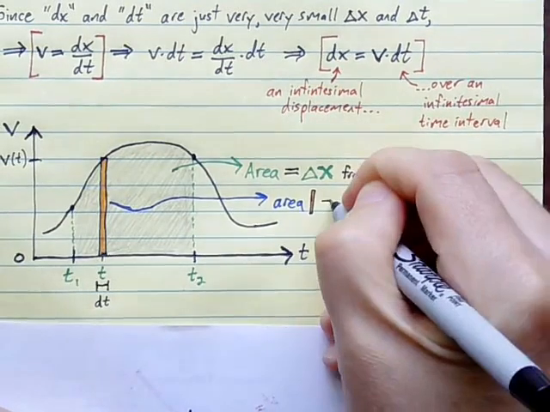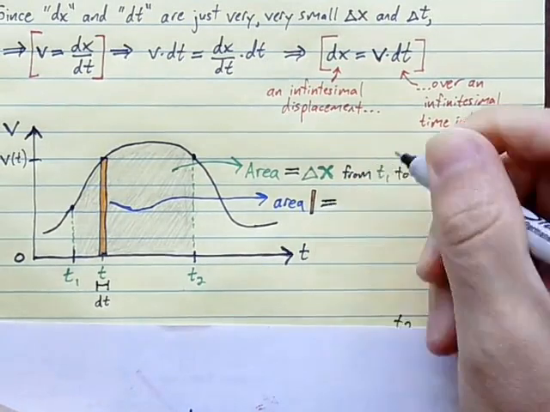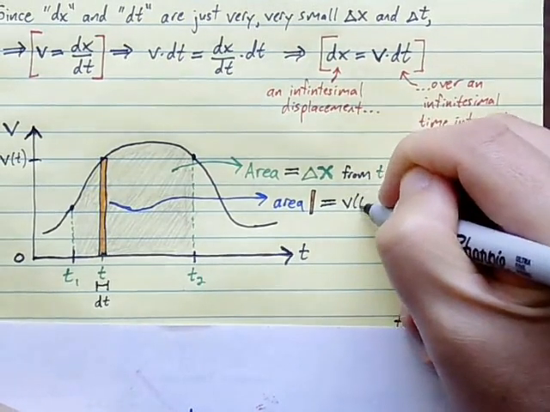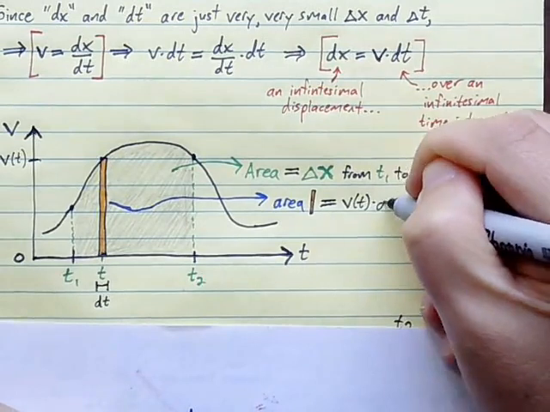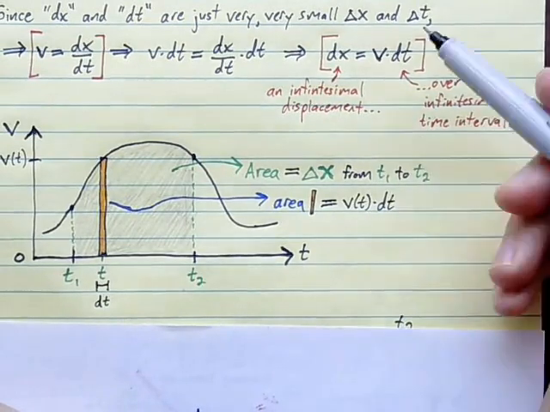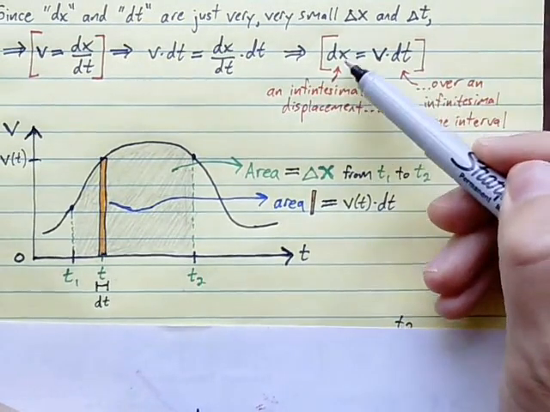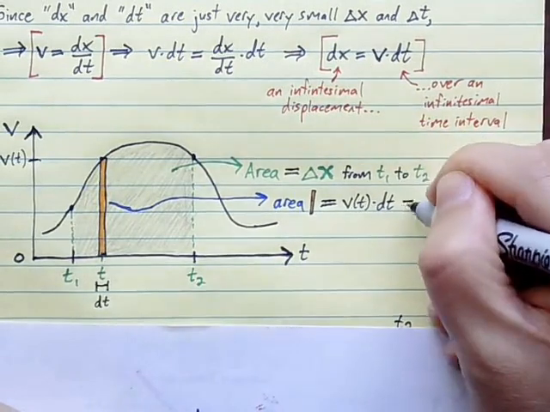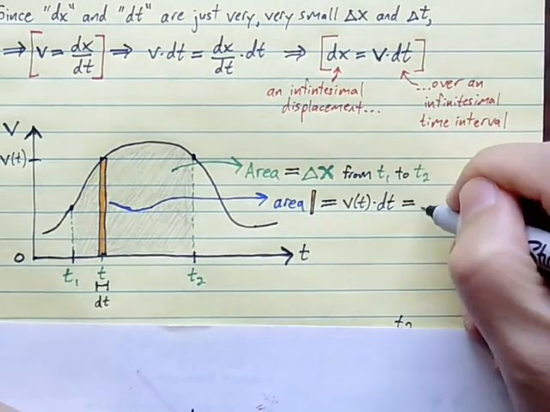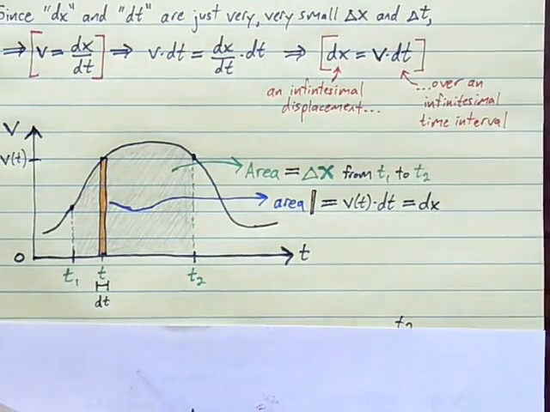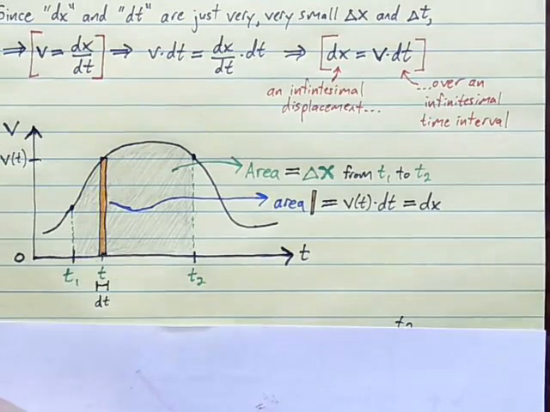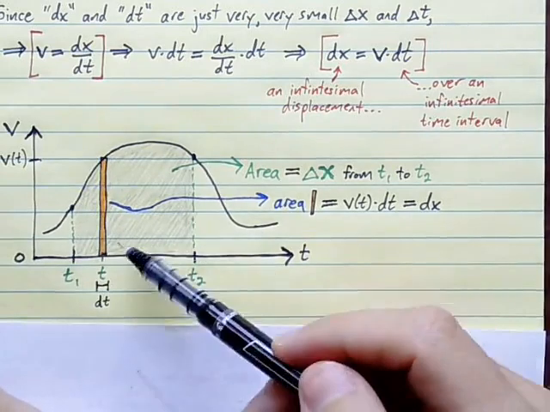So that area is the velocity at that moment times its thin little width dt, which we've established is equal to the infinitesimal displacement that occurs during that little time interval, dx.